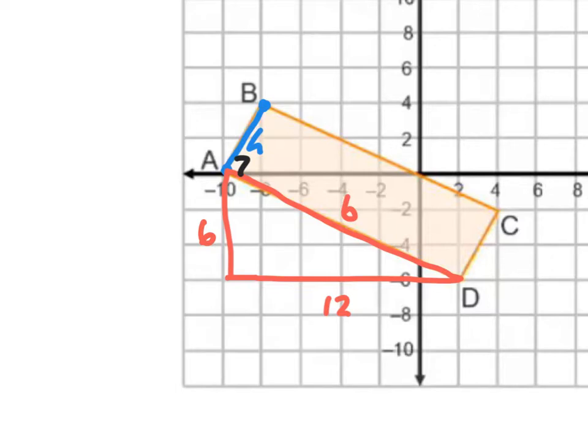All right, and then if we do the one for the height, I know that this vertical length here is going to be 4, and this horizontal length here is going to be 2. Okay, so now I want to use the Pythagorean theorem to figure that out.